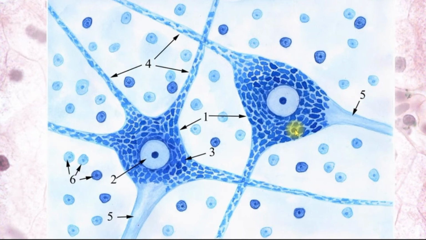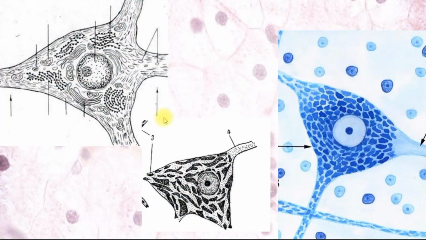So what are those blue granules? They are places where rough endoplasmic reticulum is present, and usually cisterns and membranes of rough endoplasmic reticulum are located in distinct places. They are tightly packed, and they have the appearance of granules with the special Nissl staining method.